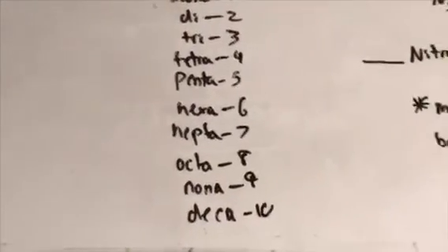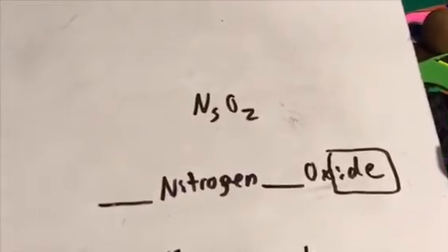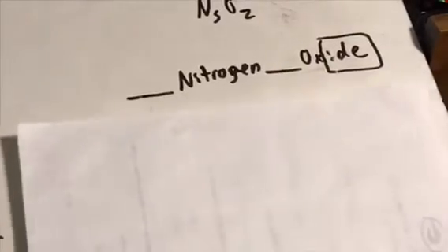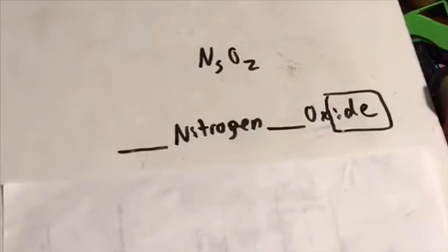So how do you use these prefixes? Well, what you do is you put them in front of the names of the elements in your compound. So like right here we have nitrogen and oxygen.